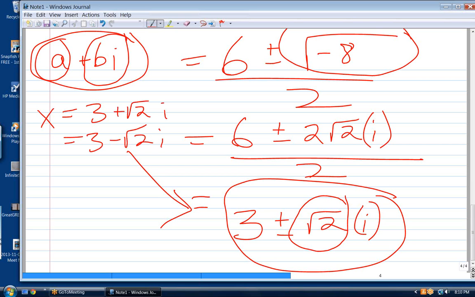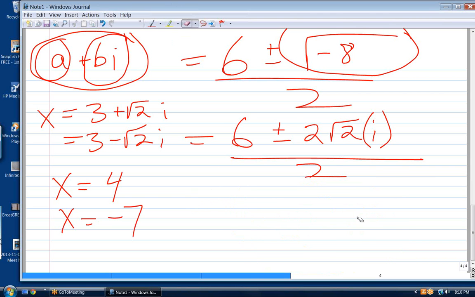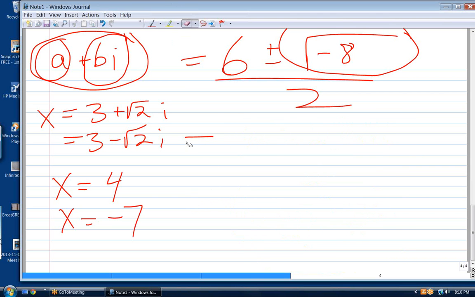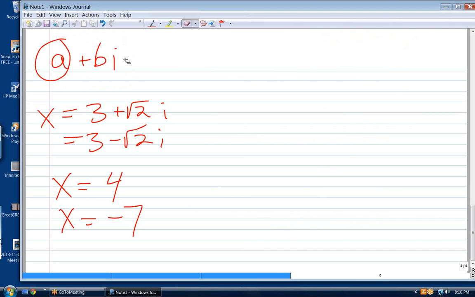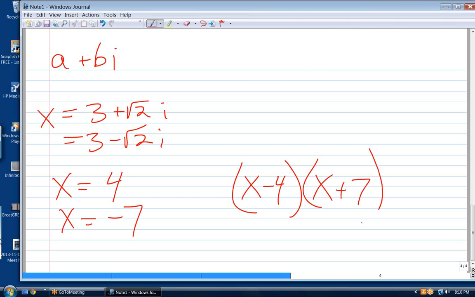So do you know what the factors would be? If I told you the solution was x equals 4 or x equals minus 7, do you know what the factors would be? They would be x minus 4 times x plus 7.